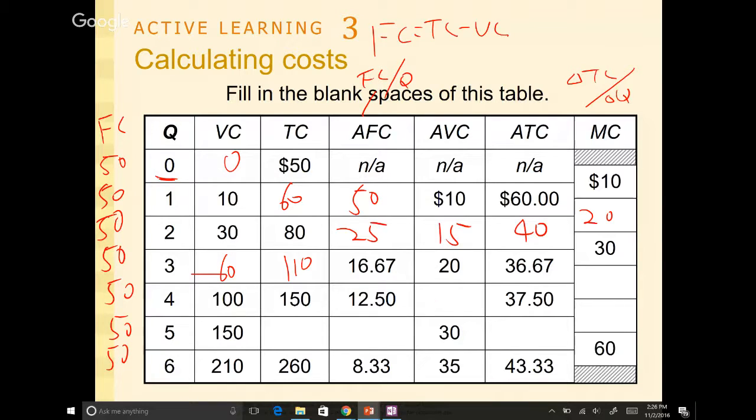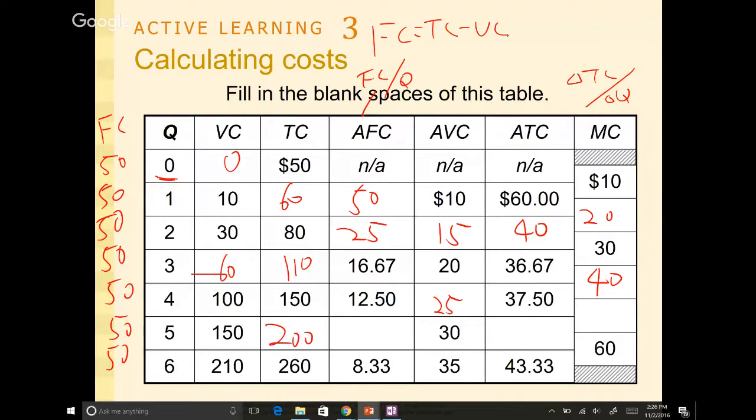And the next one over here, your marginal cost is 110 to 150, a $40 difference. For the average variable cost, take your variable cost 100 divided by 4. That's 25. All right, and the next one, our variable cost is 150, fixed cost is 50, and together, this is 200.